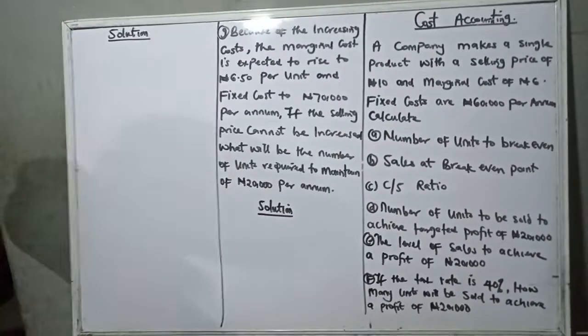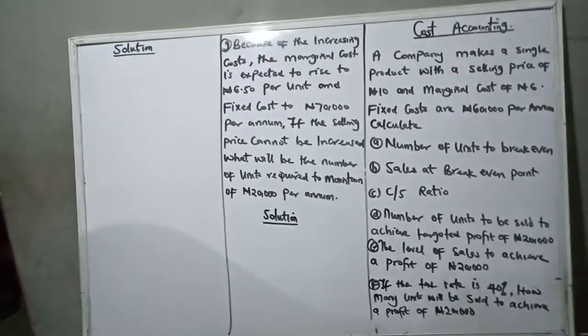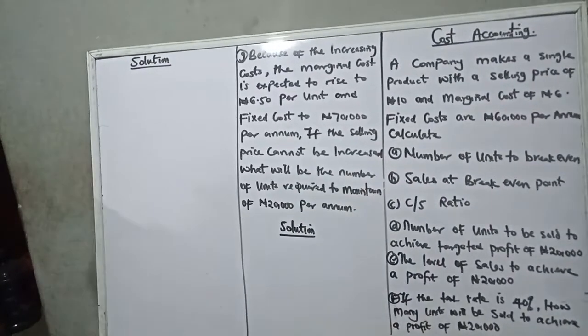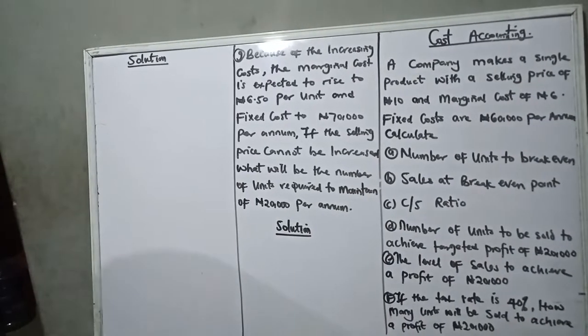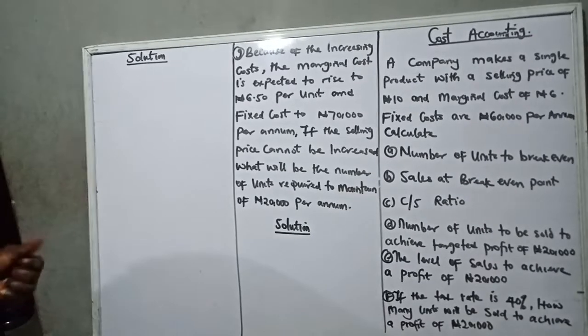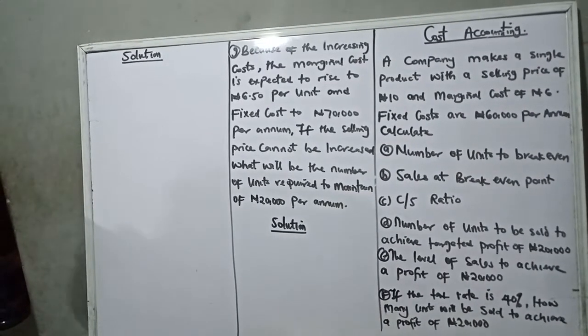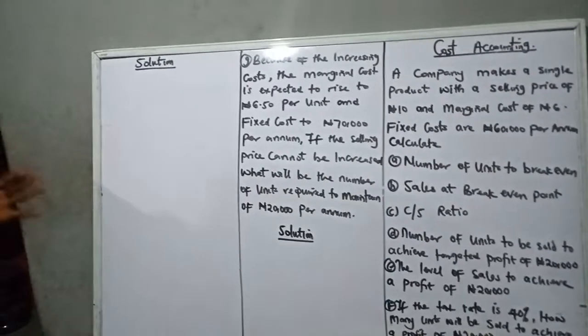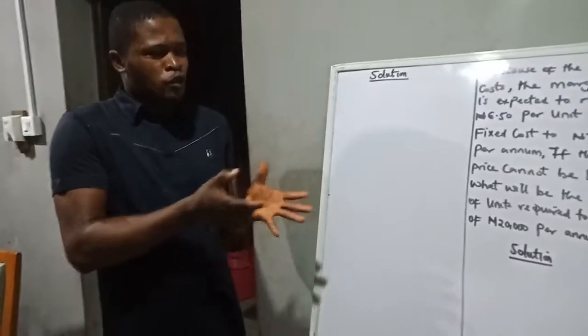D: The number of units to be sold to achieve a target profit of 20,000. E: The level of sales to achieve a profit of 20,000. F: If the tax rate is 40%, how many units will be sold to achieve a profit of 20,000? So these are short questions that require little attention.